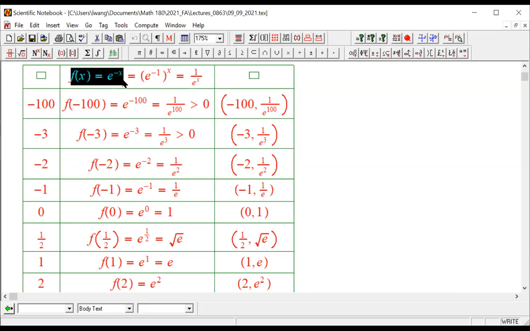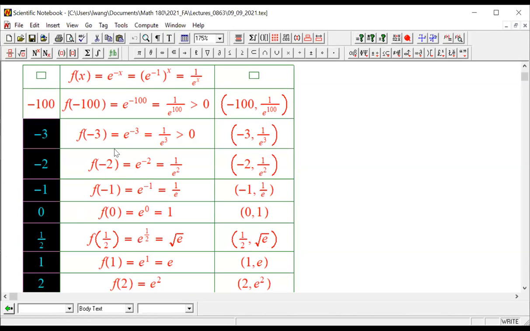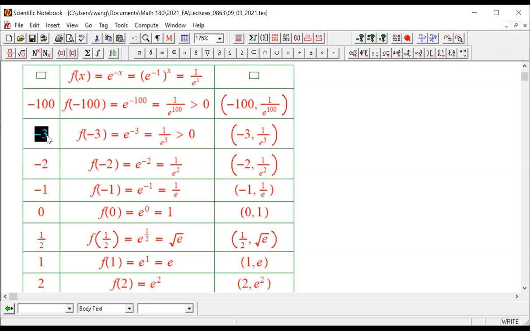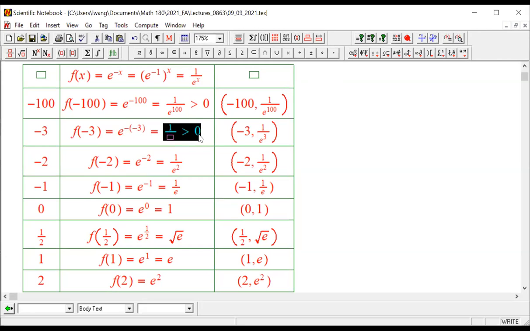So with this new rule, for the same input, I need to make some adjustment because it says negative x. So when my input is negative 3, it's going to be equal to e to the power of negative negative 3. Do you see that? Yes.